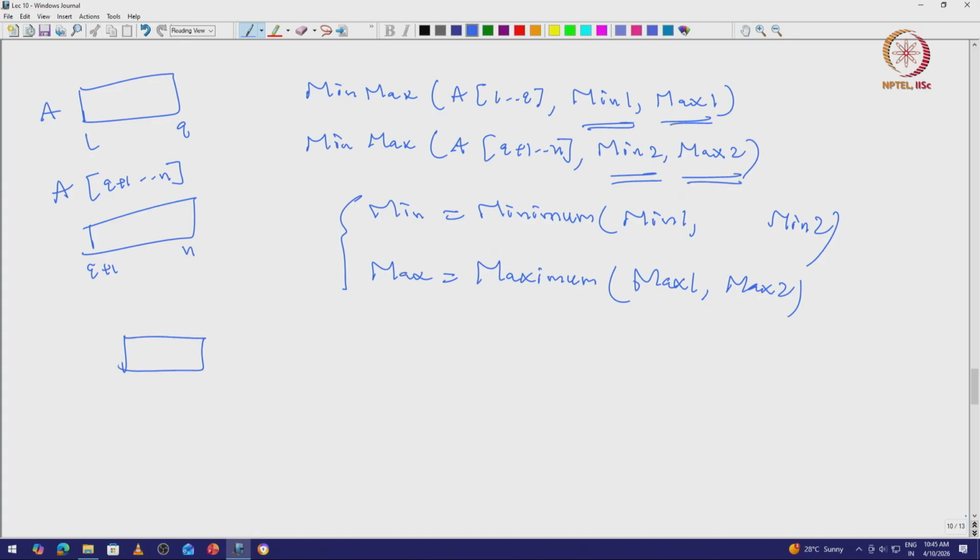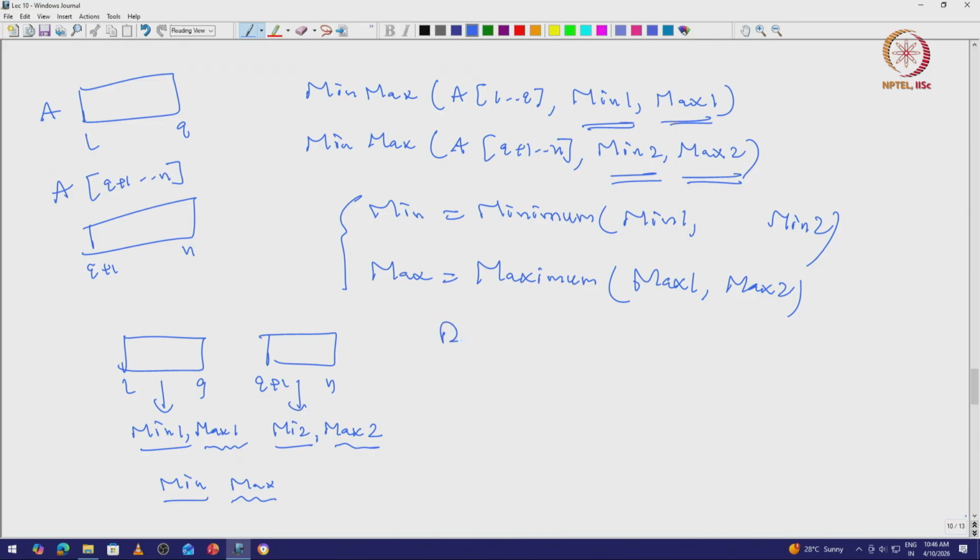So, 1 to q gives you min 1 and max 1, q plus 1 to n gives min 2 and max 2. Comparing these two, you get min, comparing these two, you get max, and return them. Return min max.